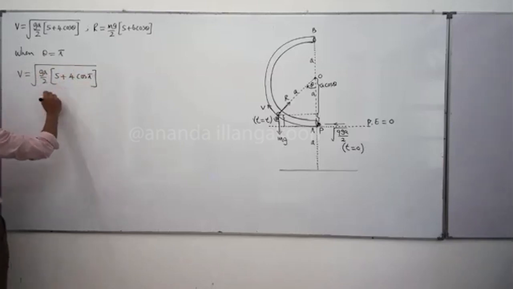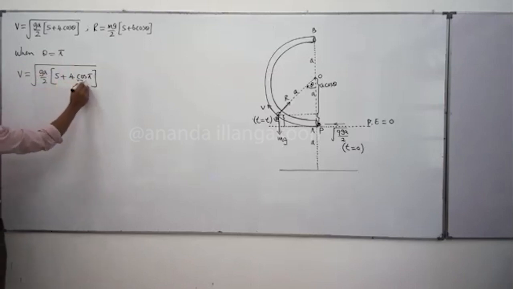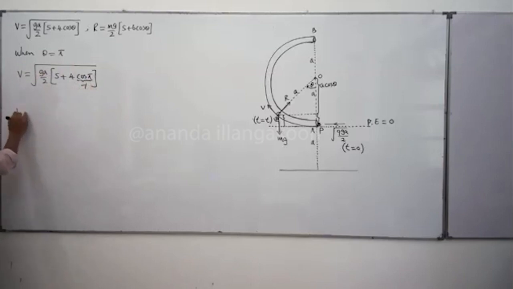Theta is pi, no? Then cos pi is equal to minus 1. Cos pi is minus 1. Then we get V equals the square root of GA by 2, where minus and plus make minus 4.